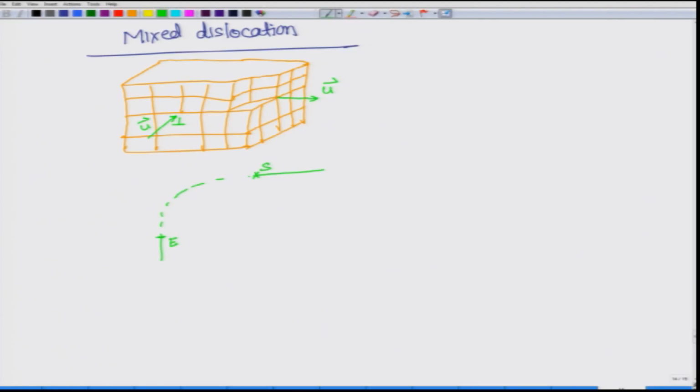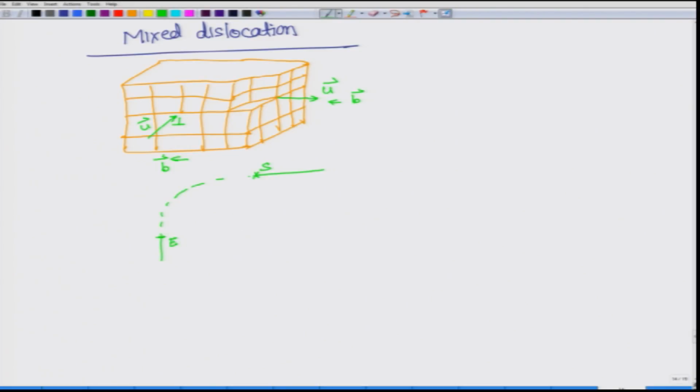And if you look at it carefully, if you have described the u like this, then the Burgers vector would be, so we have to draw it anti-clockwise, and therefore, from finish to start, the Burgers vector would be like this. The Burgers vector over here would also remain like this. If you go through this, you will realize that the Burgers vector is still the same.